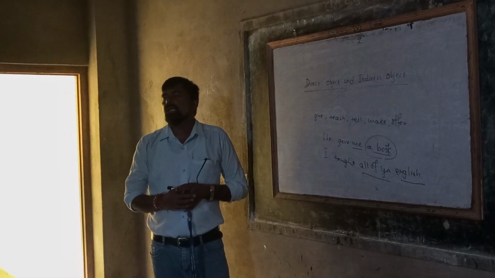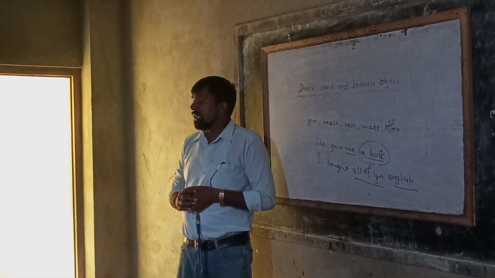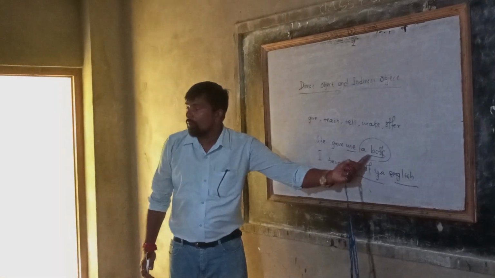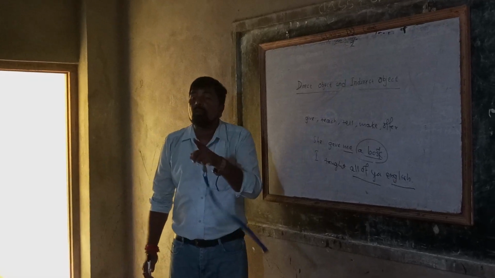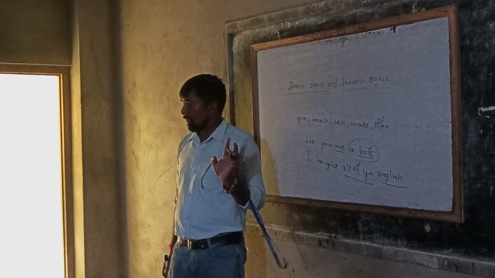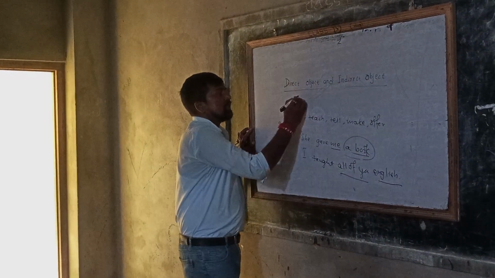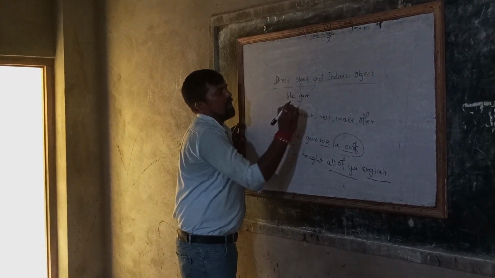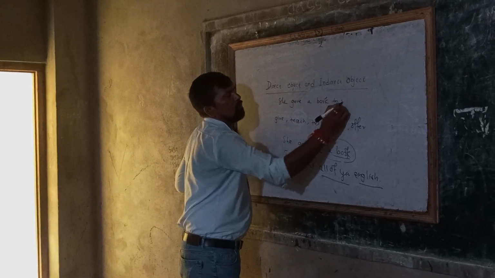Again, I want to say one thing now. When you write the direct object before the indirect object, you must use a preposition, "to" or "for". All of you remember, "to" or "for" prepositions.